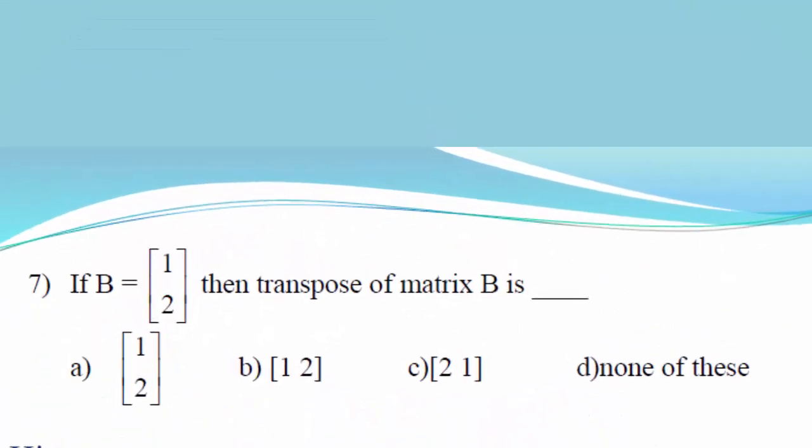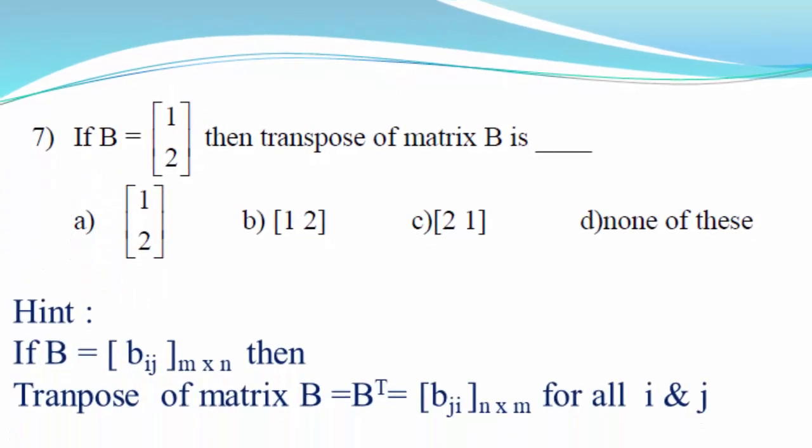If B is a matrix of order 2 by 1 and the elements are 1, 2, then the transpose of the matrix B is. Here students, B is a Bij matrix of order m by n. Then the transpose of the matrix B, that is B transpose, having elements Bij, is of order n by m for all i, j.